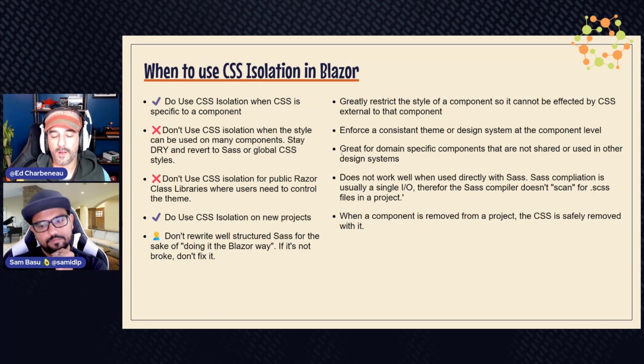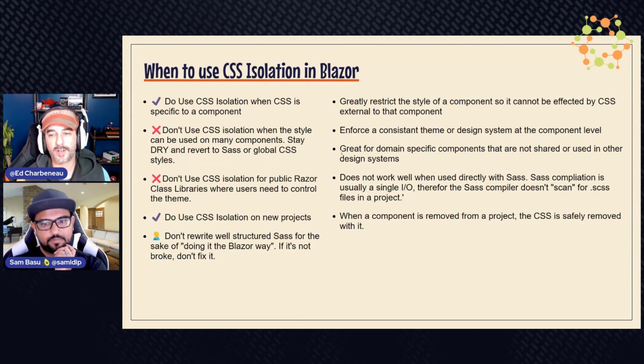It doesn't work well with Sass, by the way. So you're going to be writing CSS code mainly with CSS isolation. Sass is engineered to look for that one entry file, and then it imports everything through that Sass file.